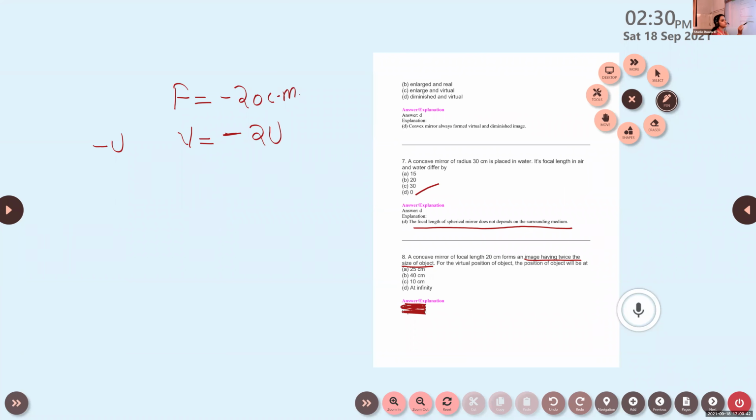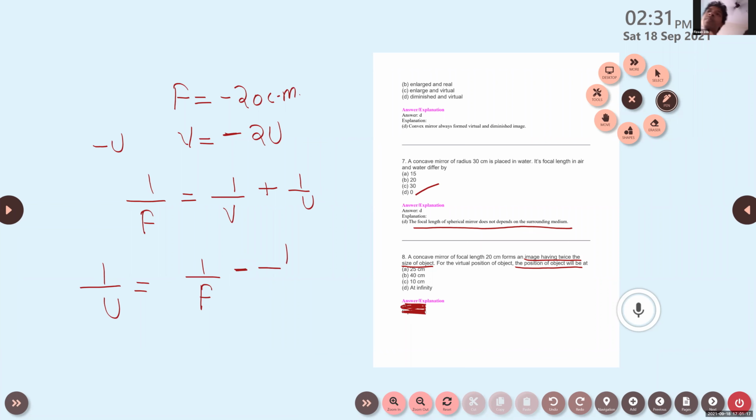Then how can we find the position of the object, the object distance? Which equation can we use here? Yes, it's right. According to the mirror formula, we have 1 by f is equal to 1 by v plus 1 by u. Here we want to find out 1 by u, so just rearrange the equation: 1 by u is equal to 1 by f minus 1 by v.